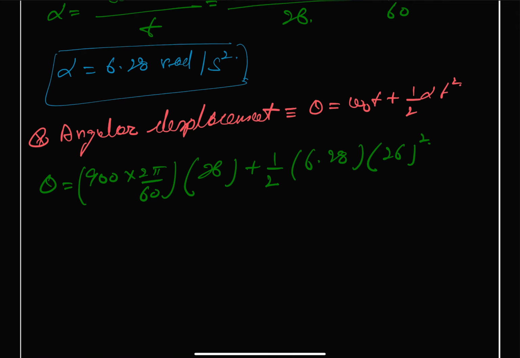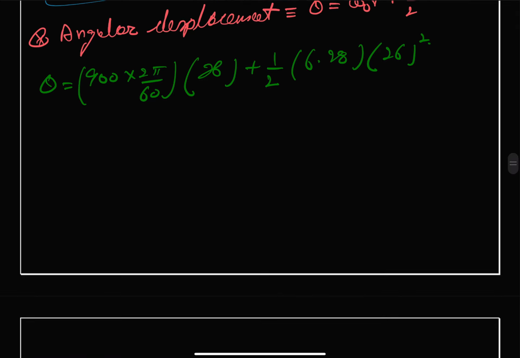So we get theta approximately equal to 4574.16 radian.